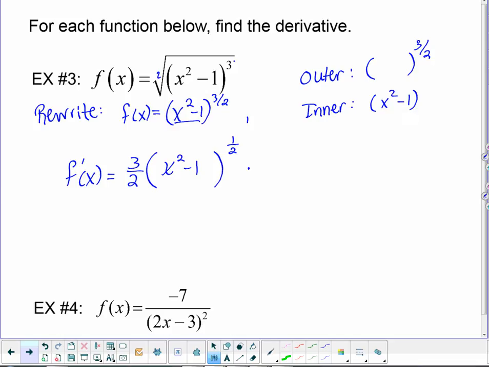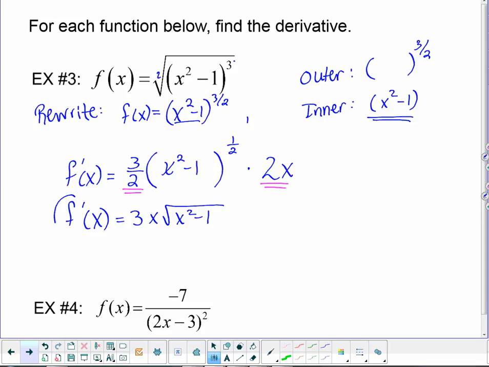Multiply it by the derivative of the inner. The derivative of the inner is 2x. And simplifying, I can take 2x times this 3/2, and that will look like 6 over 2, which is 3x square root x squared minus 1, just rewriting that 1/2 power back into radical form. Work from the outside, moving to the inside.